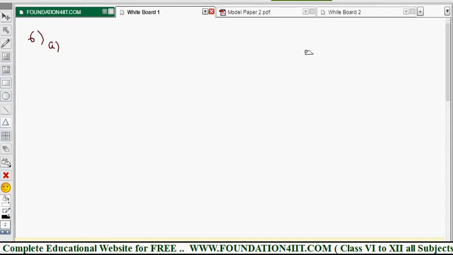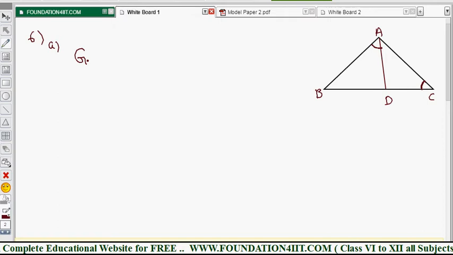If we take the triangle ABC, and one more line, A to D is another point. A, B, C and D. So according to the given data, angle BAD is equal to angle C. Let me write this.